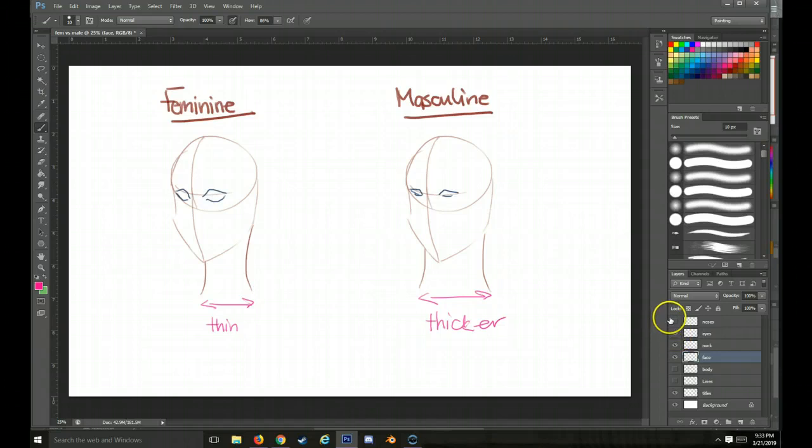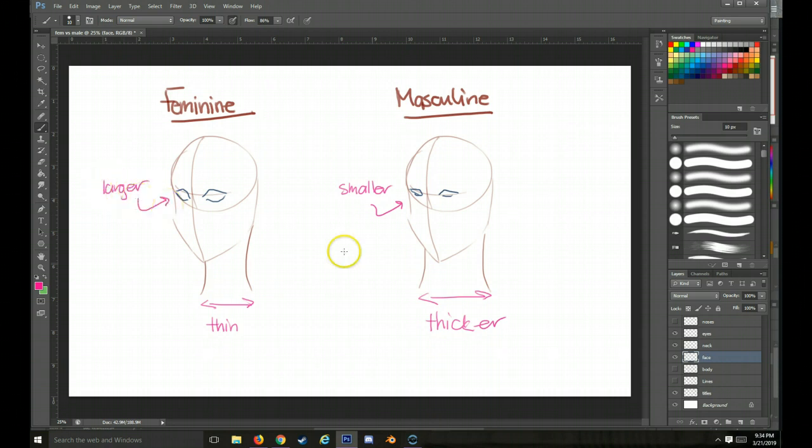The next thing is going to be the eyes. The male eyes are generally a little bit smaller than the female eyes, and again, they just read that way. It's a way to communicate masculinity or femininity when we're working in stylized images. The more feminine eyes tend to be a bit larger.